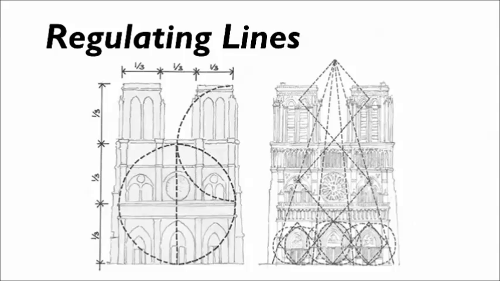Are they proportional, with the other entrances or with other parts of other side elevations? But those regulating lines are the actual lines that you start to draw on top of the drawings of the building, or even photographs of the building, to start to make sense of its parts and its individual sizings.